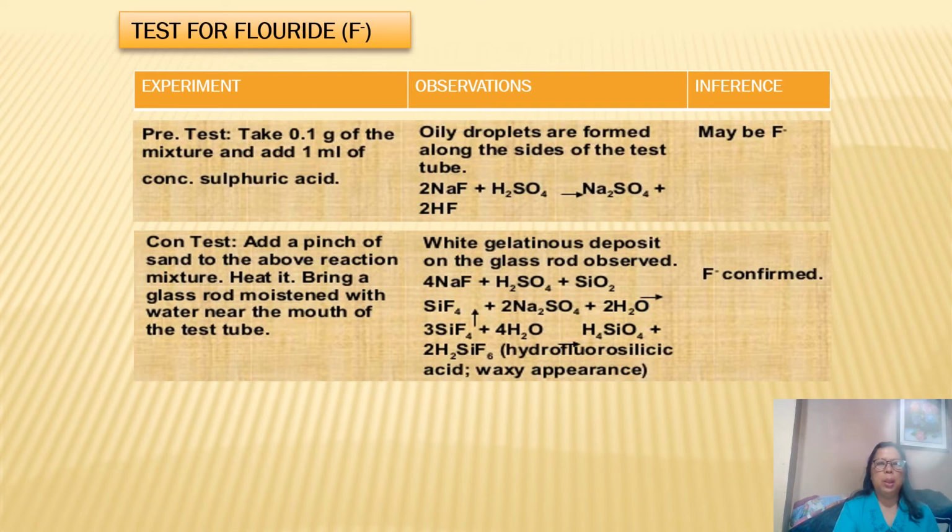Then if you heat this and place a moistened glass rod at the top of the test tube that you are using, and a white gelatinous deposit is produced or seems adhered to the glass rod, then fluoride is present. Actually, that is hydrofluorosilicic acid that was produced.